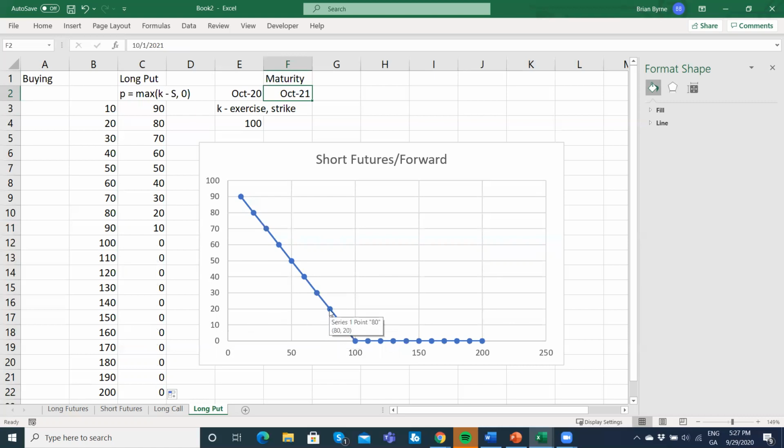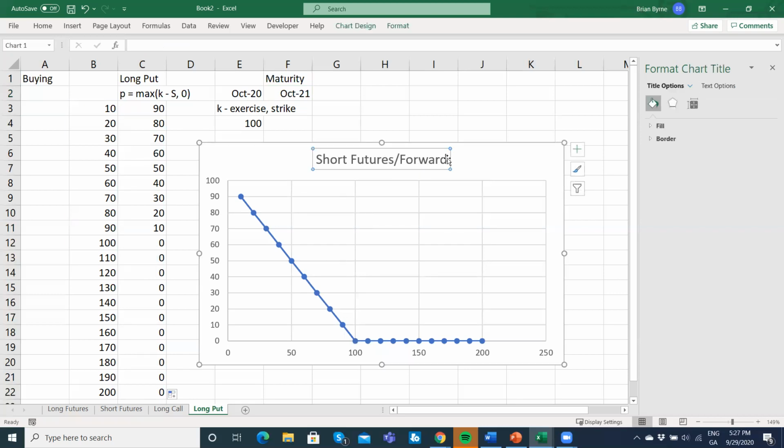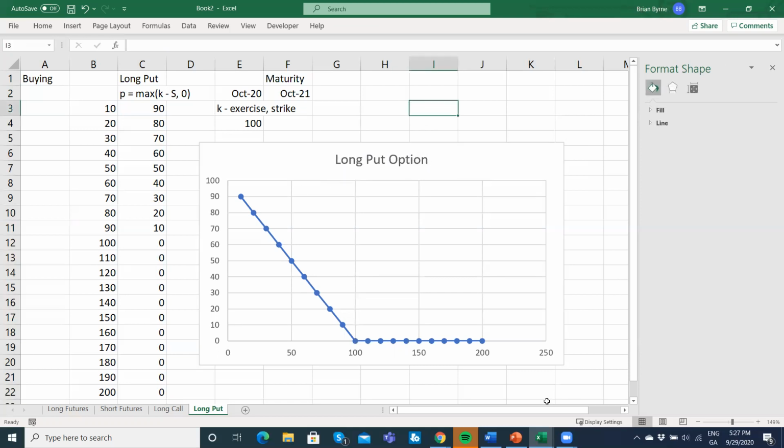If the value of the underlying drops to 80, you can sell something for 100 that's really just worth 80 in terms of the market price, and that's a payoff. The value to you is 20. Okay, so we can rewrite this as being a long put option.